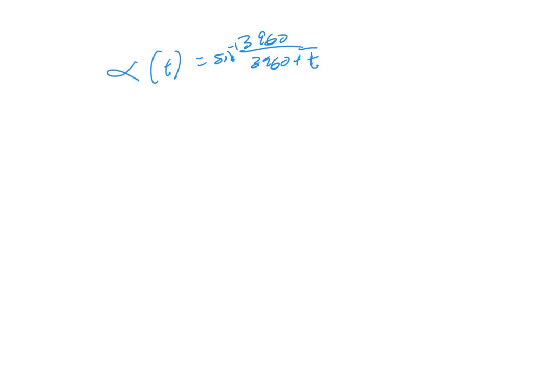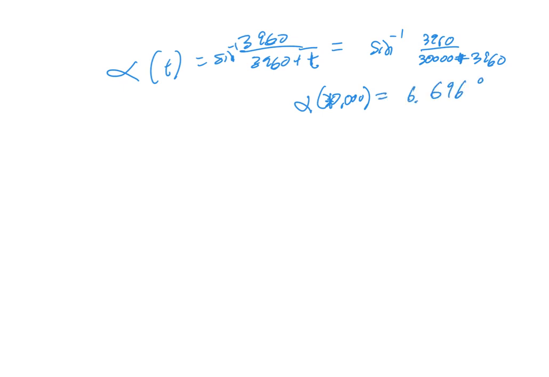Putting 30,000 into this equation, you're going to have inverse sine of 3,960 over 30,000 plus 3,960. And then alpha of 30,000 is going to equal 6.696 degrees.